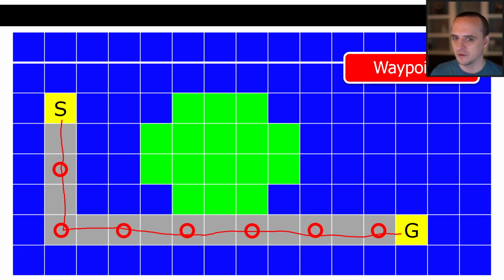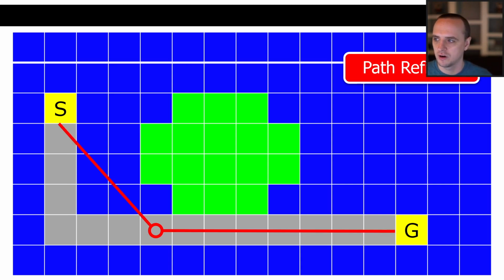Now let's talk about something that I briefly mentioned before, which is called path refining. Okay, so in path refining, what we do is we take a previously computed path and we make it a little bit better. Okay, so let's say that our game engine allows for arbitrary movement.